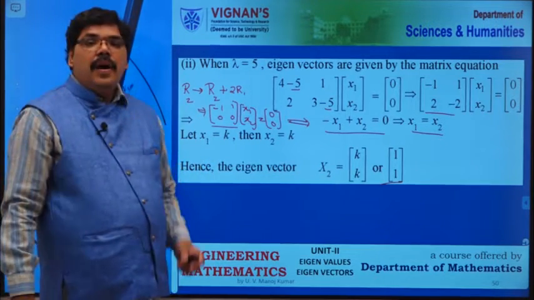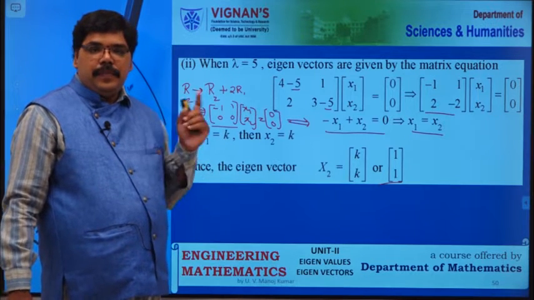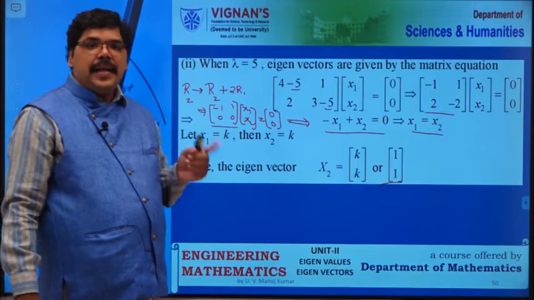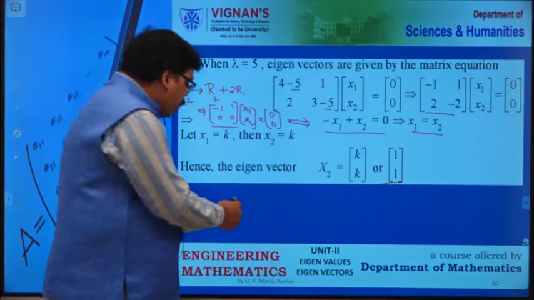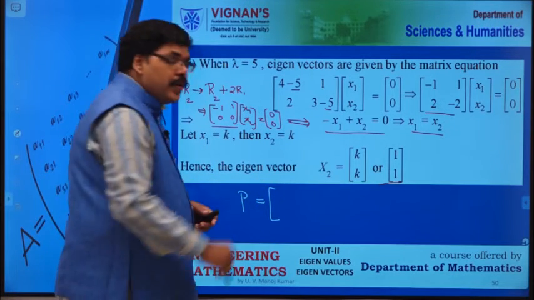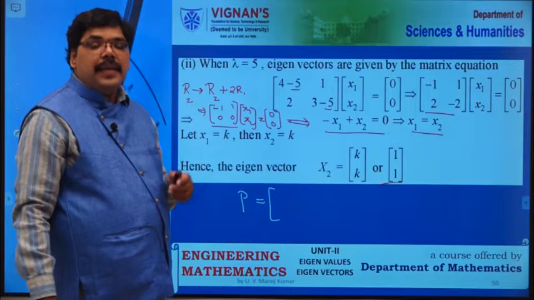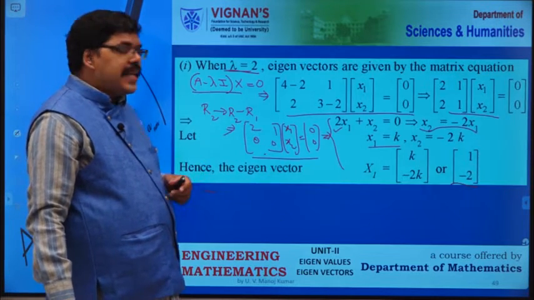After finding eigenvalues and eigenvectors, we can write the model matrix capital P and also the diagonal matrix capital D. Let us write them. In capital P we have to write the eigenvectors.